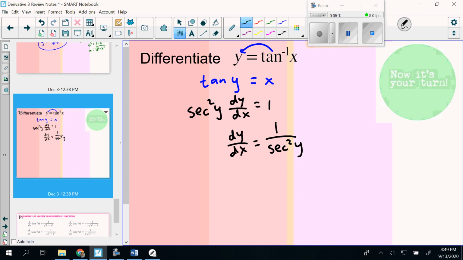All right, so now let's try to get our answer in terms of x. So if we draw out a triangle with our angle y, tangent uses opposite over adjacent. So our opposite side should be x, and our adjacent side then should be 1, because we want it to equal x over 1, or just x. What's the hypotenuse there?